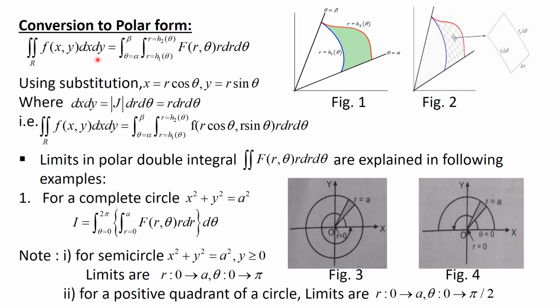So conversion from the Cartesian system to the polar system mainly requires x equal to r cos theta, y equal to r sin theta, and the dx dy terms replaced by r dr d theta, where r and theta are our changing variables. So the double integral of f of xy dx dy we can write as f of r cos theta, r sin theta, r dr d theta, where r varies from h1 theta to h2 theta and theta varies from alpha to beta.